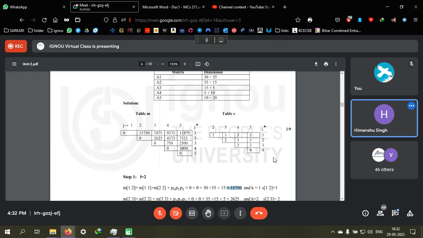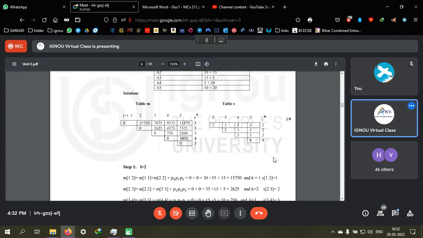Now the next one is we have to compute 2, 3. That means i is 2 and then the value of j is 3. That means we have to compute here M[i, k]. So the value of i is 2 and the value of k is j minus 1, that means 3 minus 1. So here it is. The next formula is M[k+1, j]. The k value is 2, 2 plus 1 is 3 and the j value is 3.